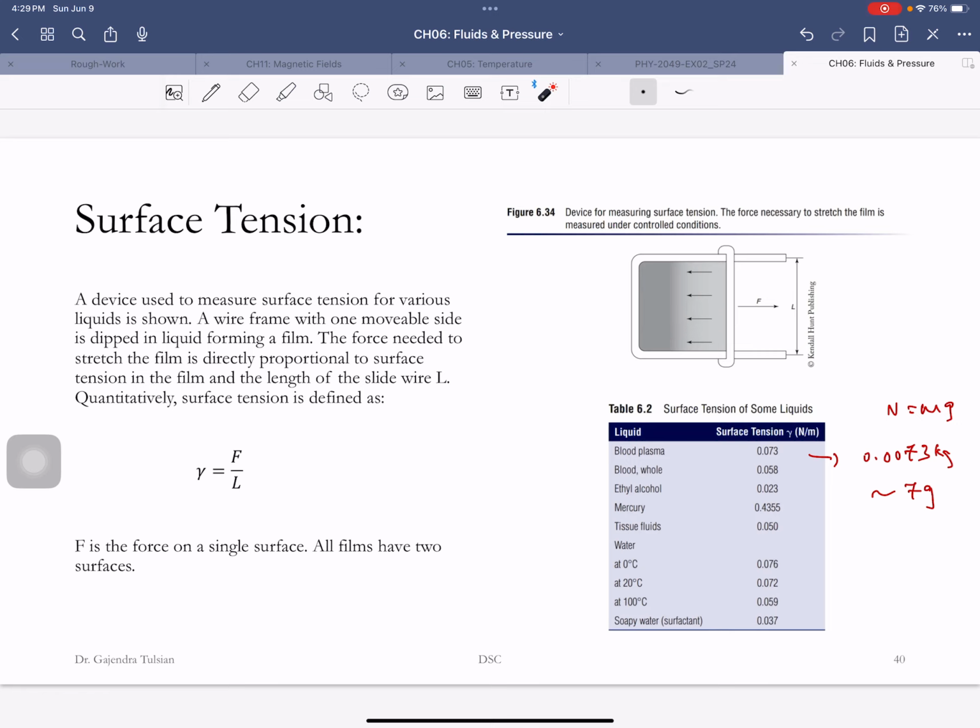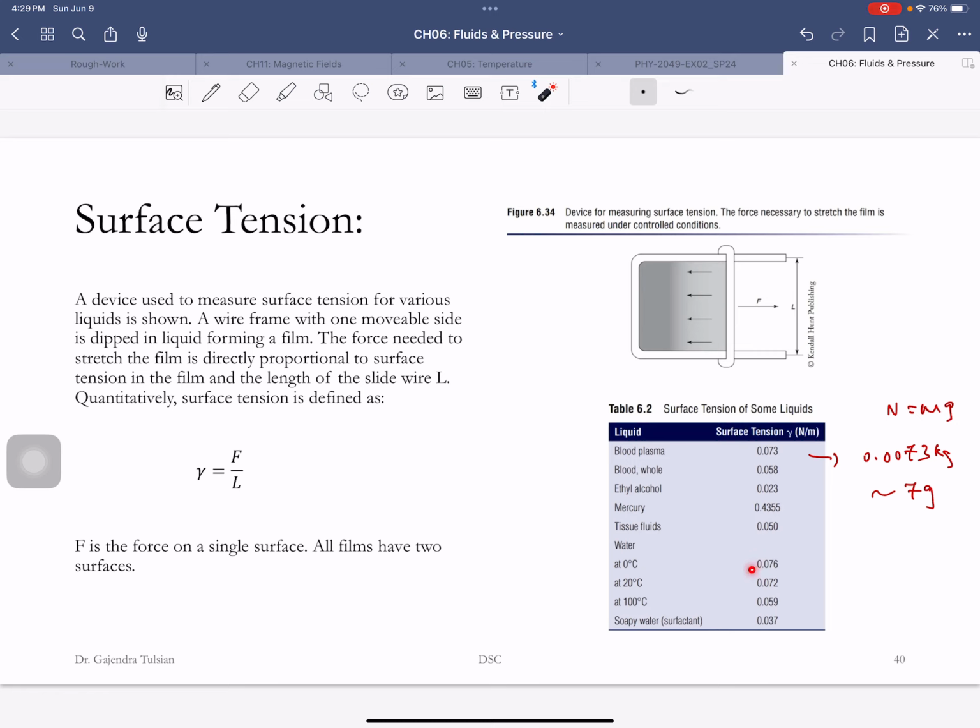Mercury has a very large surface tension. You might have seen when a thermometer breaks and mercury spills, all the beads are tiny. So here's water.